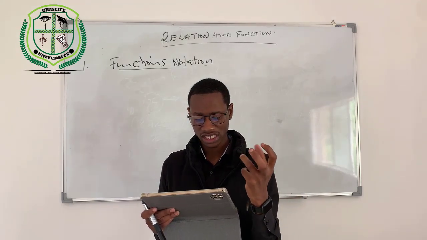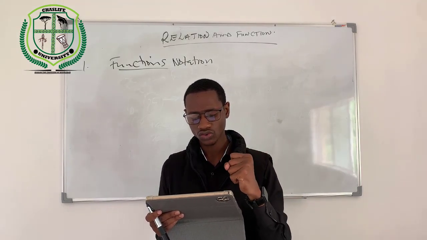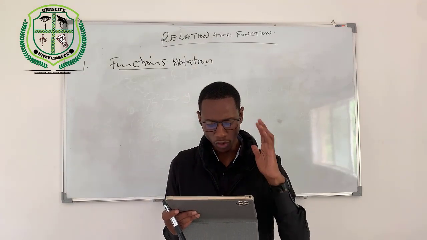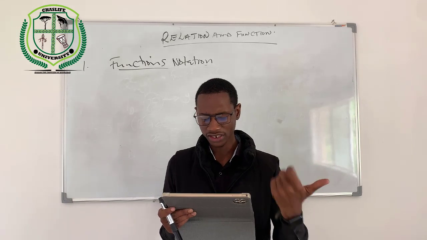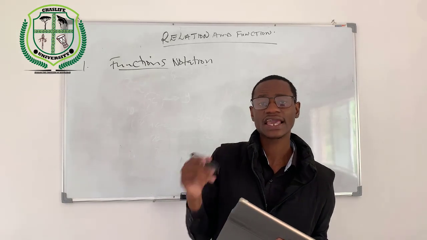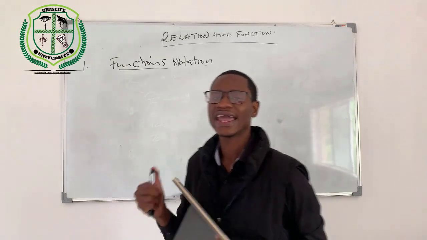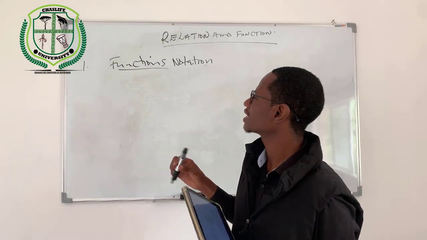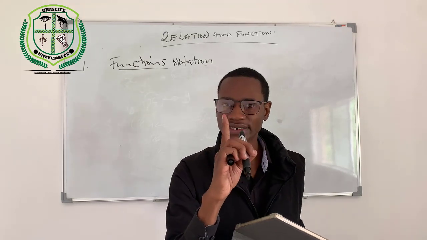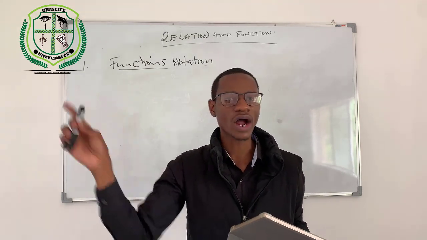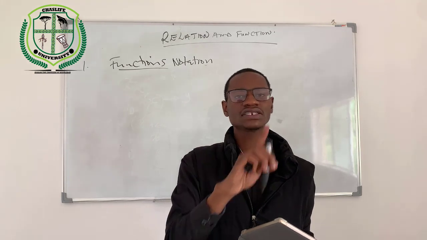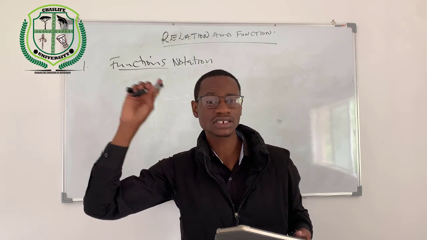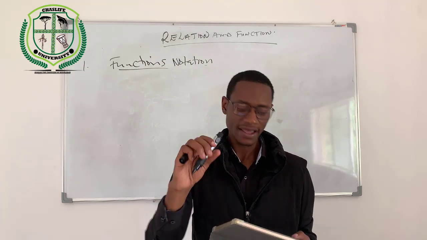So a function is defined as a relation with the added restriction that each value in the domain must have only one corresponding y value in the range. So what we are saying is that every element in x must have only one corresponding value in y. That's what we call a function.